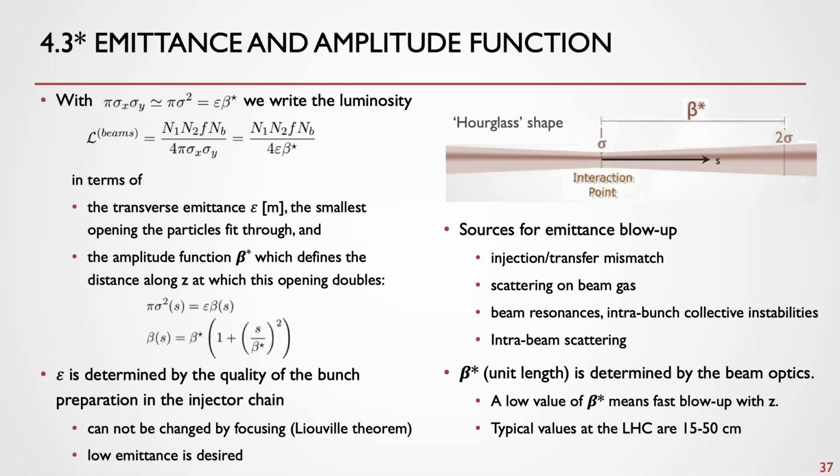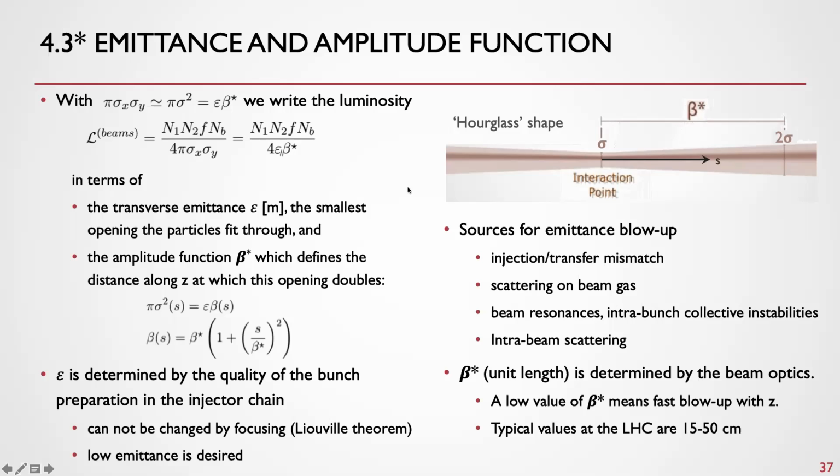The bunches have to occupy the smallest possible phase space volume, have to be very close together in a spatial direction, and at the same time have very similar momentum. Then the emittance is low and our instantaneous luminosity is high, because it appears in the denominator of the formula for the instantaneous luminosity.